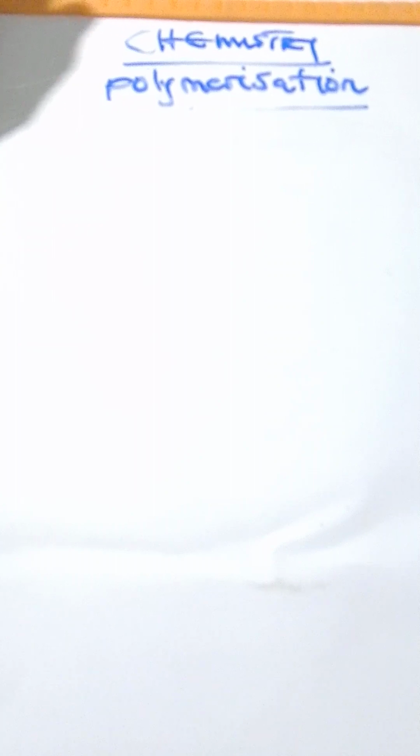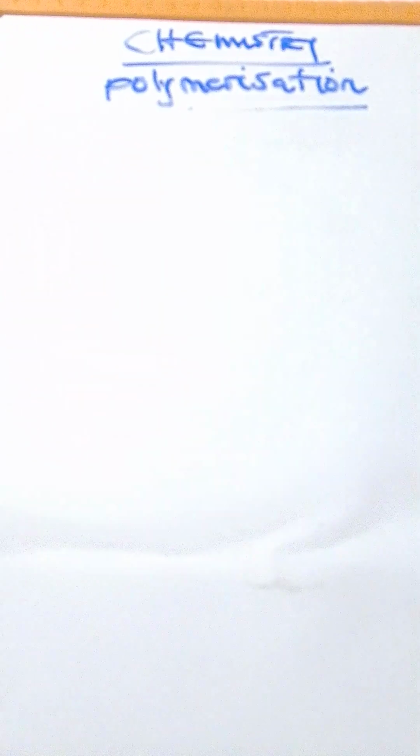Let's look at another example apart from ethene. The other example we're going to look at is the formation of polypropene.